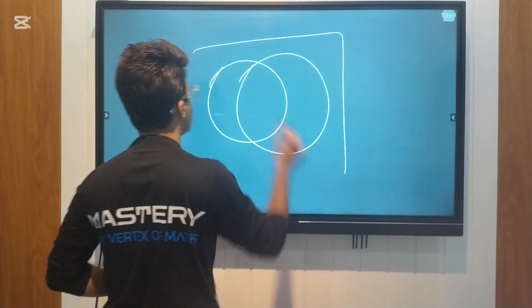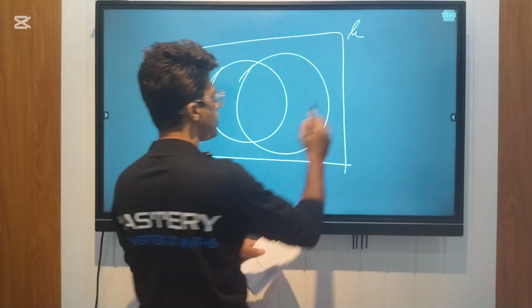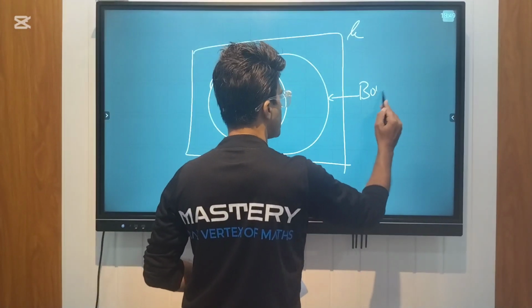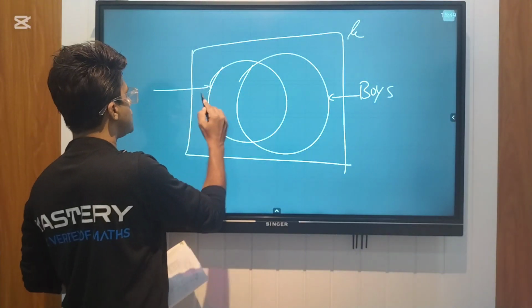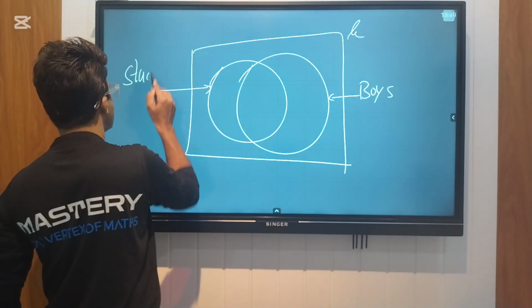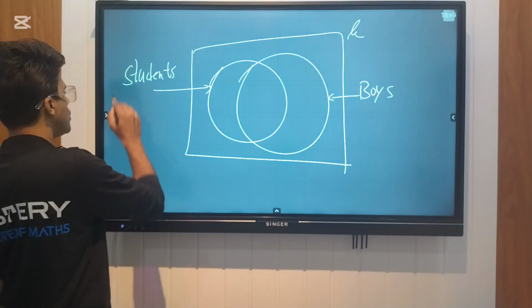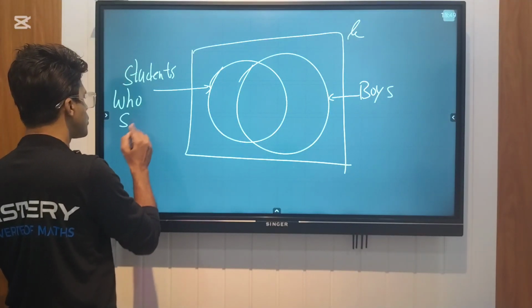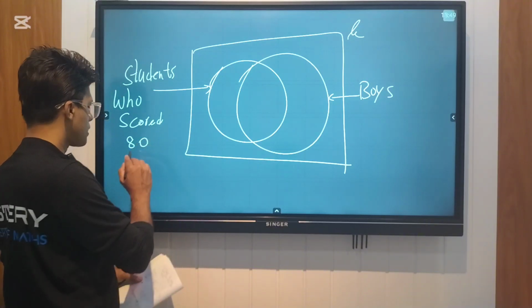This is the given Venn diagram. These are boys. All the boys are in this circle. The other one is students who scored 80 marks.